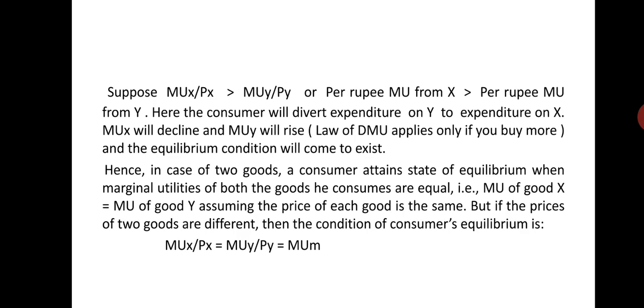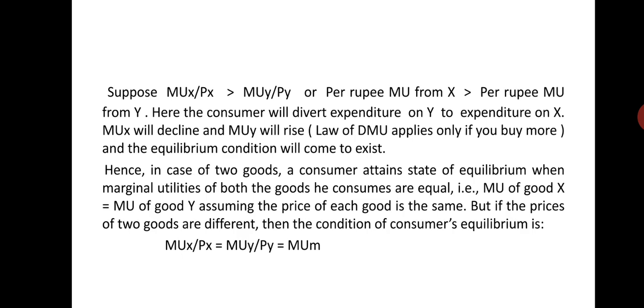Hence, in case of two goods, a consumer attains a state of equilibrium when marginal utilities of both the goods he consumes are equal. That is, marginal utility of good X must be equal to marginal utility of good Y, assuming the price of each good is the same. When price of each good is the same, we can say that the condition of equilibrium is MUx must be equal to MUy. That is sufficient condition.